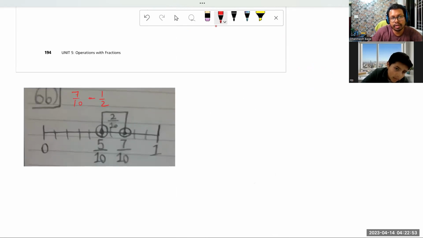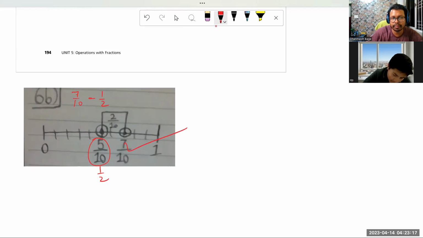I told you this is correct, but I am telling you to write it in the form which is given in the question. Instead of writing 5 by 10, which is correct, not wrong, you just write it as 1 over 2. Why? Because in the question, 1 over 2 is given to you. That's it. It is correct.